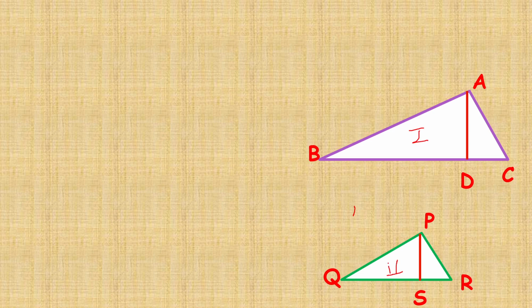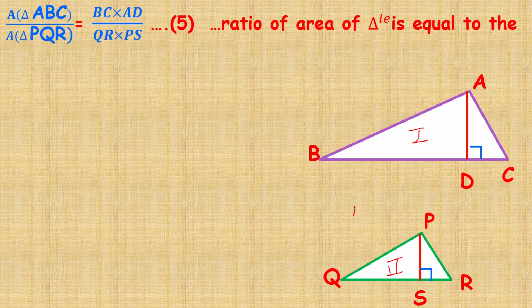Next, we take this figure again. This is triangle 1 and this is triangle 2. Area of triangle ABC upon area of triangle PQR is equal to, what is the base of triangle ABC? BC is the base and AD is the height. Therefore, BC into AD divided by the area of triangle PQR, base QR into height PS.